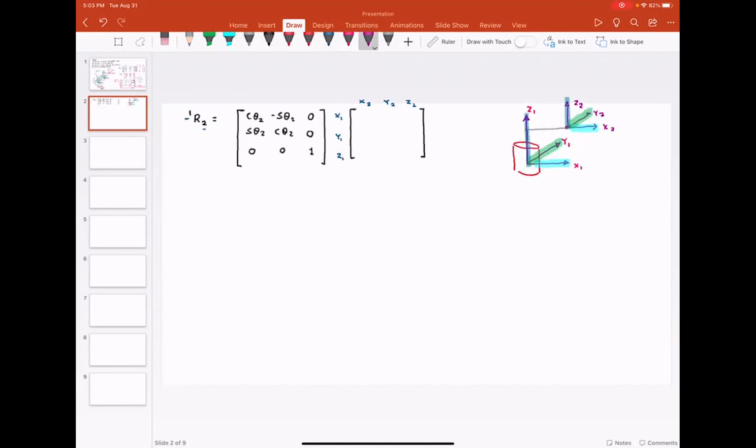So can I just go ahead and write this down? 0, 1, 0, 0, 0, 1, which means 1R2 is going to be cosine theta 2, minus sine theta 2, 0, sine theta 2, cosine theta 2, 0, 0, 0, 1.